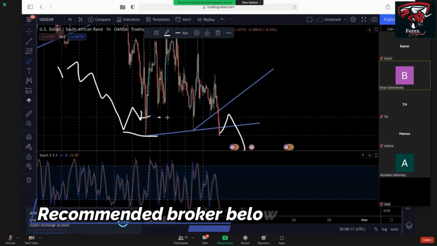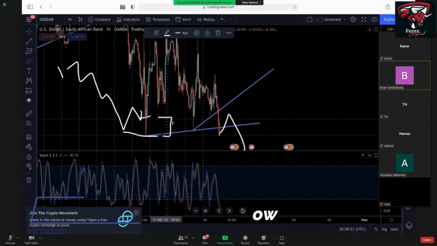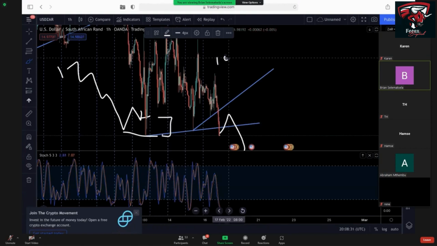The distance between where you're entering and the stop loss is the pips. From there, you put how much is in your account, and it will illustrate how much lot size you must use.